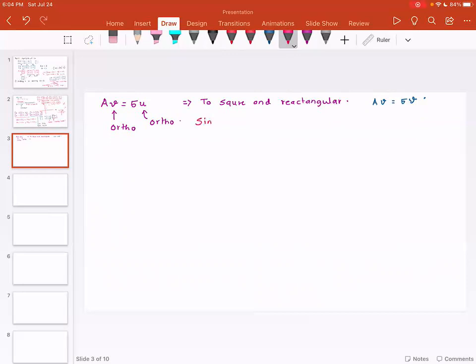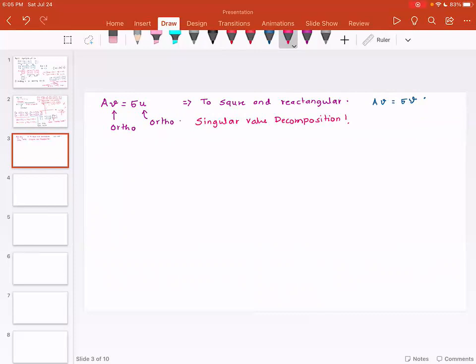So singular value decomposition. In simple words, loosely speaking, the eigenvector and eigenvalue problem for the rectangular matrix is nothing but the singular value problem.